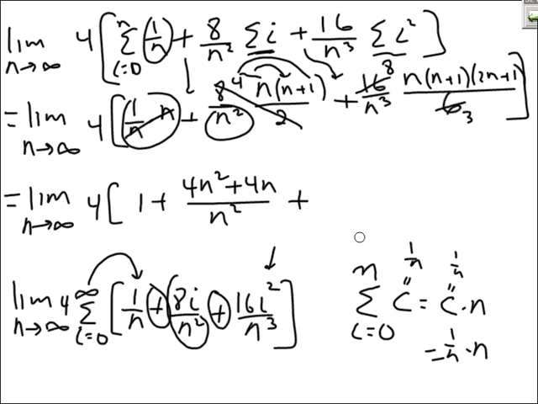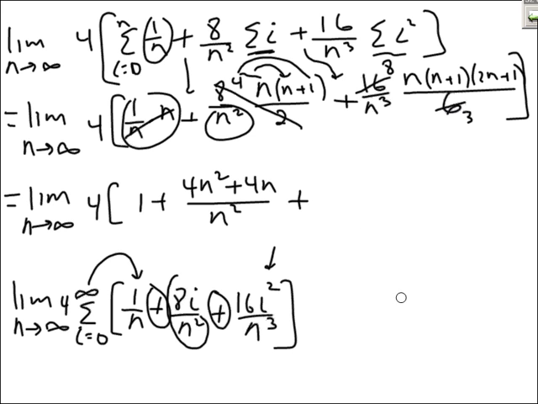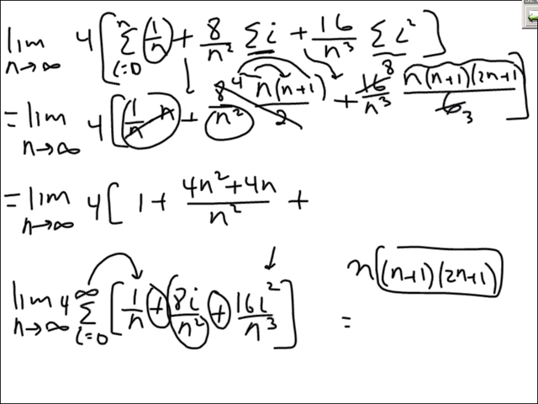Multiplication on the side. Let's just do this multiplication. n times n plus 1 times 2n plus 1. Well, let's do this first. n times that, so it's n times 2n, 2n squared, plus n, plus 2 more n, that's 3n, plus 1.